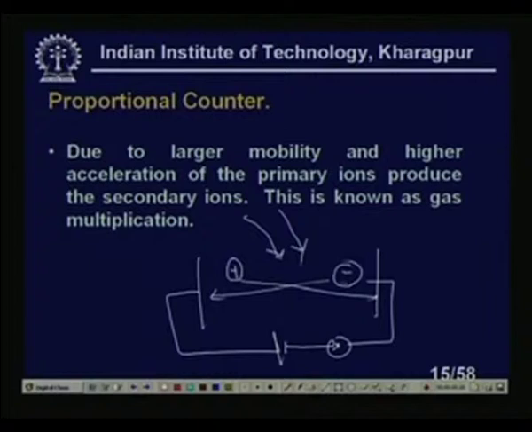These are the secondary ions, because the primary ions are due to the incident rays, whereas the secondary ions are produced when the ions move due to the electric potentials on both sides. This is known as gas multiplication.